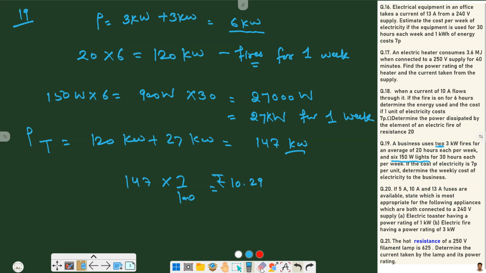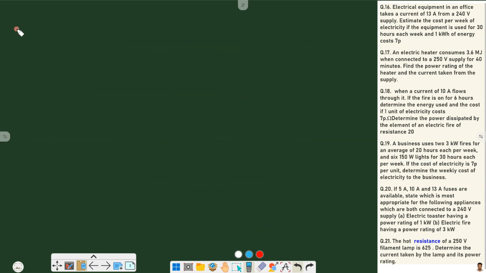Now going to question number 20. In question number 20, there are 3 fuses available: 5 ampere, 10 ampere and 13 ampere. State the most appropriate for the following appliance. Both are connected to 240 volts.